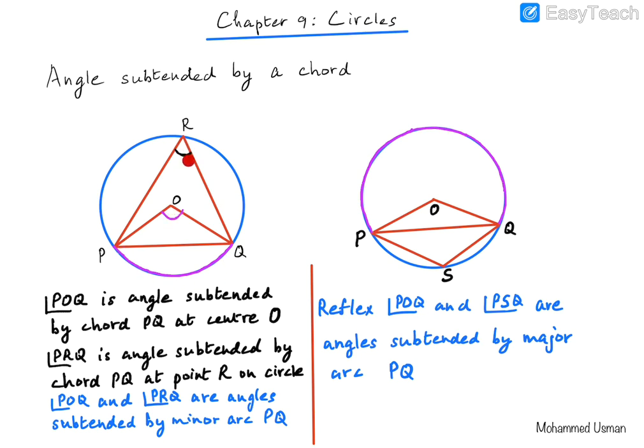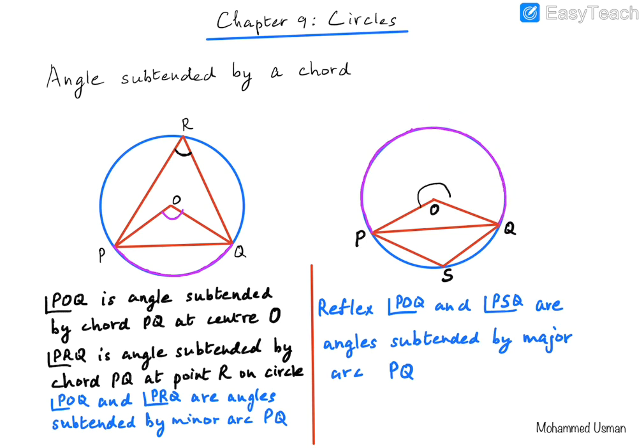Just as we have an angle subtended by the chord and the arc at the center and at any point on the circle, we can also have the angle subtended by the major arc. This particular arc of the circle is the bigger of the two arcs, so it is called the major arc. And there is an angle subtended by the major arc at the center of the circle. That angle is POQ, but because it is subtended by the major arc, that angle is over here.